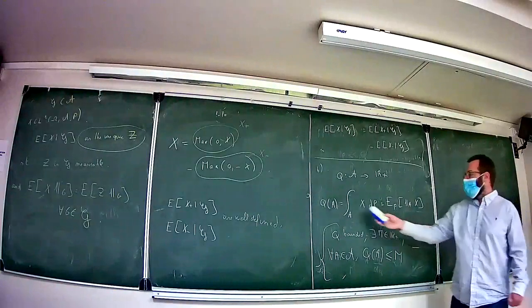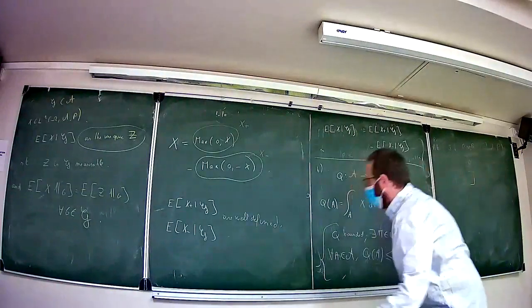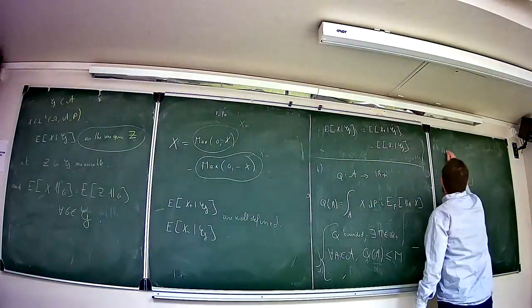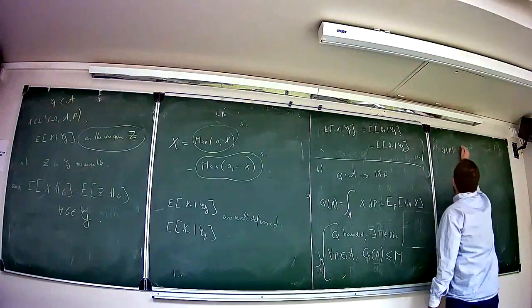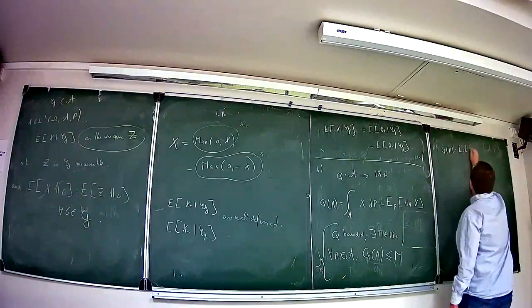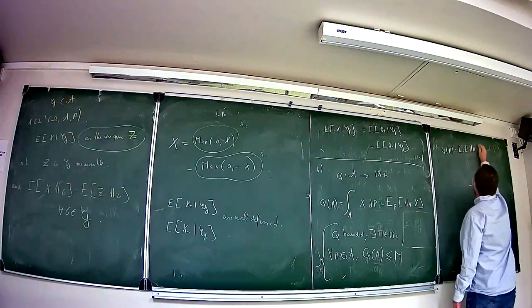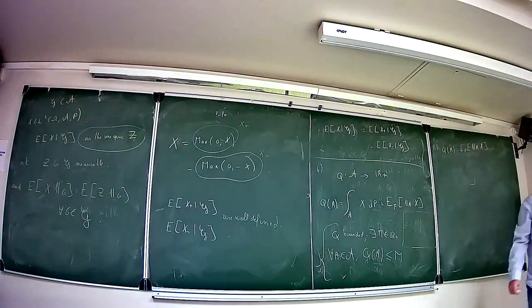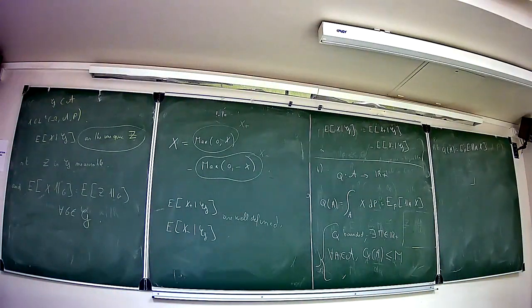So you have the integral. Q of A is the expectation under P of the indicator function of A times X, X being positive and in L1.